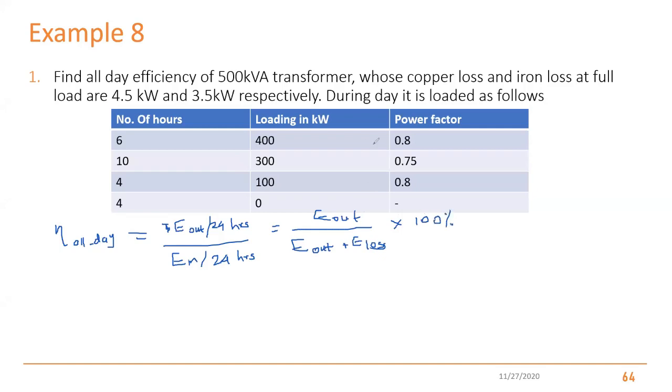Okay, so now kilowatt values are given. I know the number of hours of operation. So then clearly I can calculate the E out, no? E out is just the total of 400 kilowatt into 6 plus 300 into 10 plus 100 into 4.